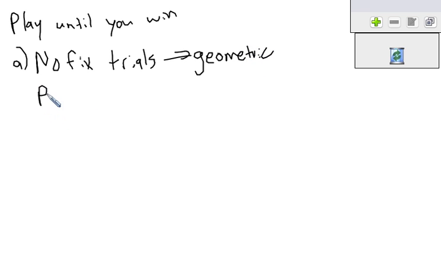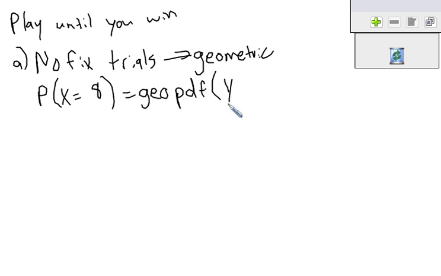We are looking for the probability that it is exactly 8 until he wins, which you could do GeoPDF because it's an equal to. Our probability was 1 in 4, and our X value is 8.